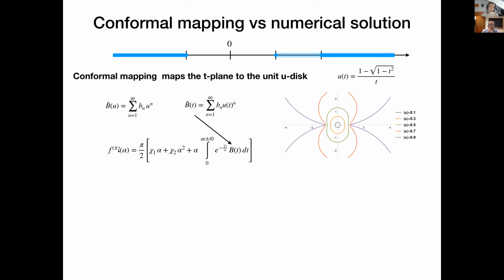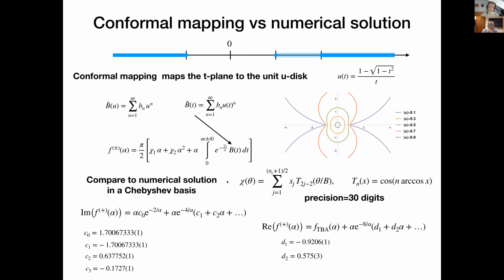And then we asked the question: we got this f plus and f minus, but how does it compare to physics? But what is physics? Physics is the solution of the integral equation. So we solve numerically the integral equation.